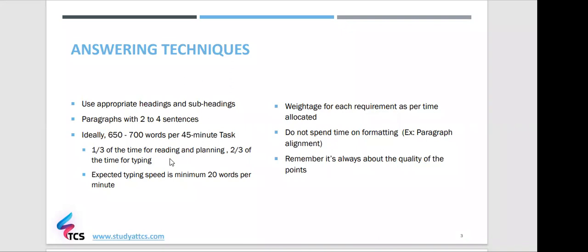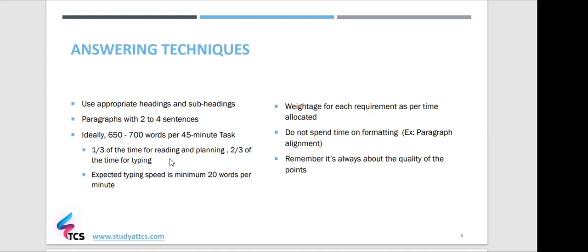So rather than panicking during the exam, or rather than having to delete your answers and retype answers, it's better to spend 1/3 of your time to read and plan the answer. That's 15 minutes.